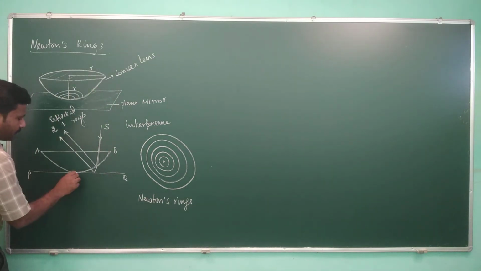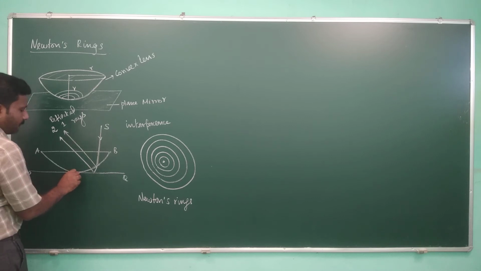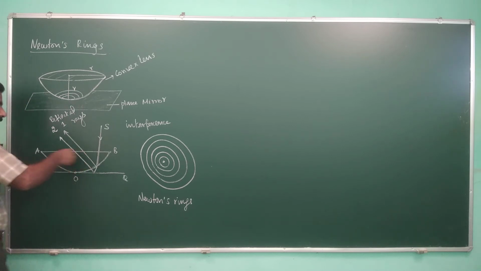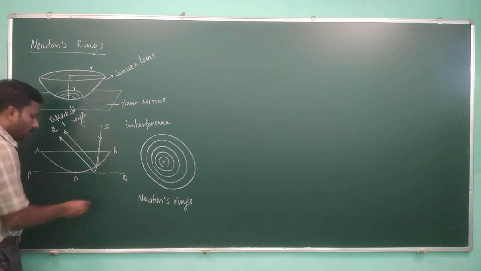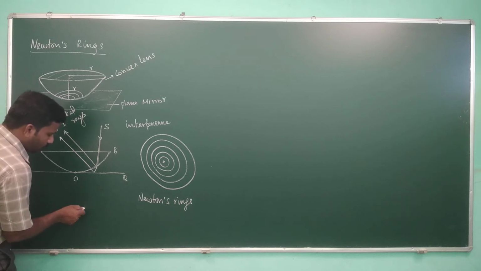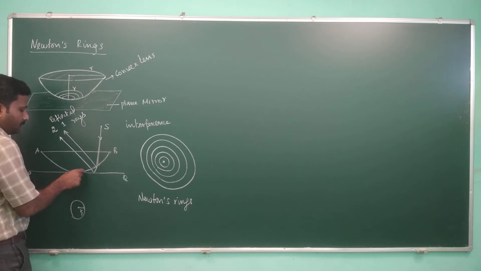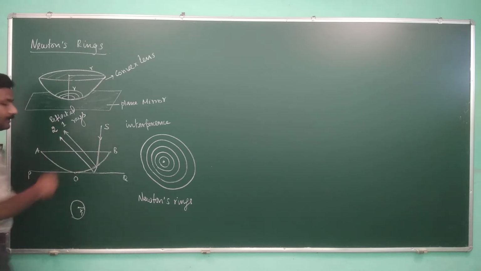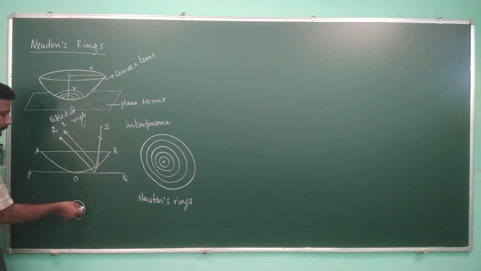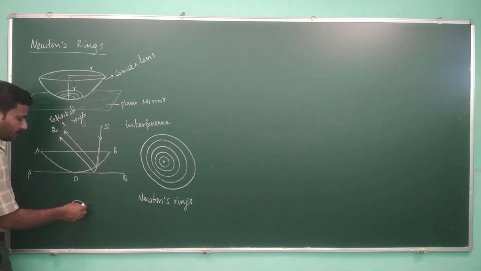If this is the center, then for a particular radius we have a circle. So if this is the origin, then at a distance r1 from the origin, the thickness will be the same.